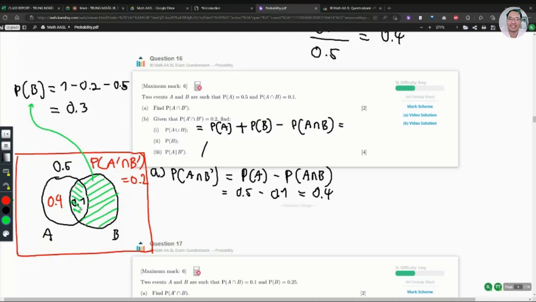So that prop B will be 0.4 instead of 0.3. So you need to add 0.1, which is the intersection. After subtracting, you need to add another 0.1.